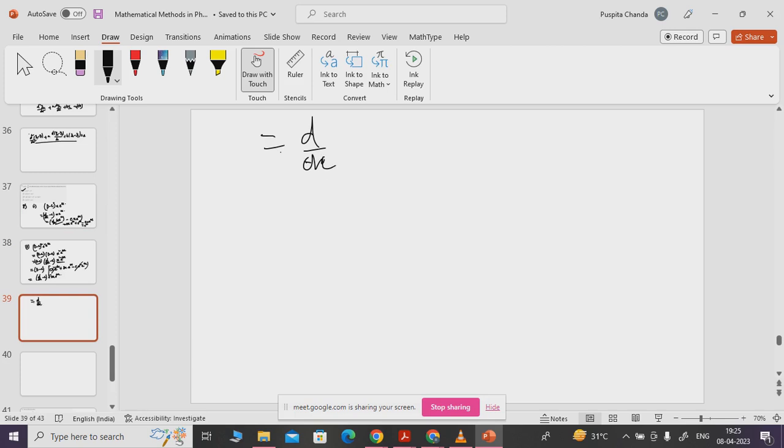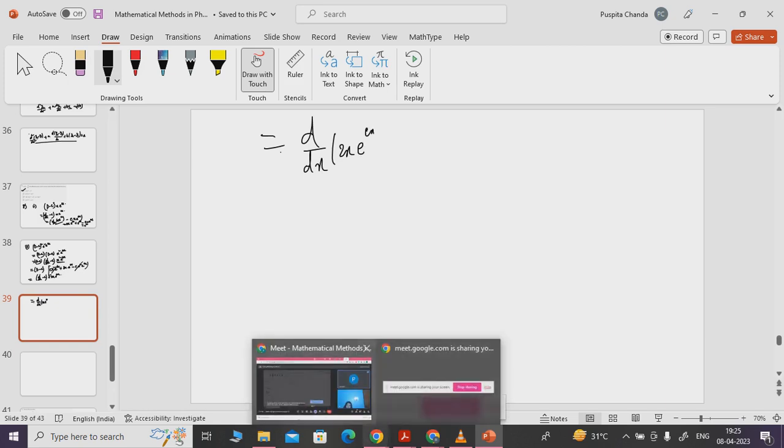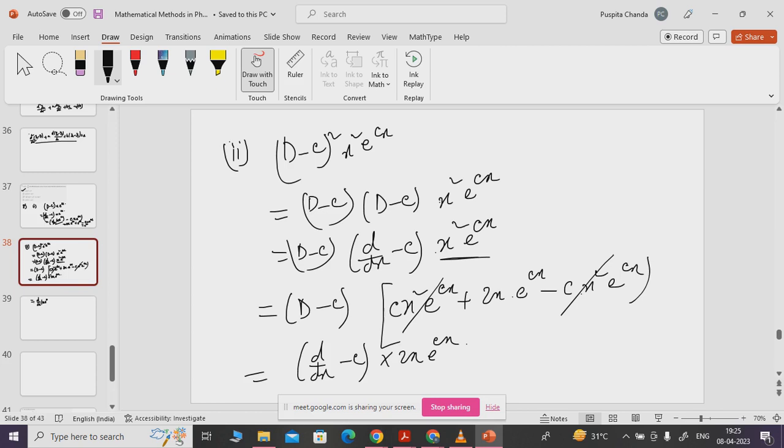So it will be d dx. (a minus c) whole square we cannot take like that, b square minus 2b plus.